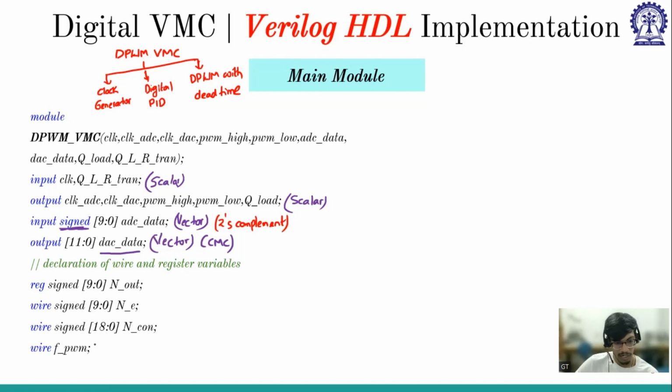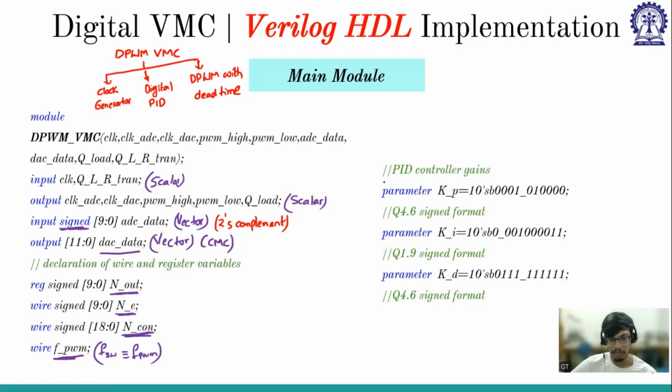Accordingly, SAR has defined whatever variables SAR is going to use. N out is the digital number of V out, N e is the digital number of V error, and N con is the control voltage in digital, FPWM is the PWM or FSW. So FSW is nothing but FPWM. So the first part includes declaring all the variables and everything.